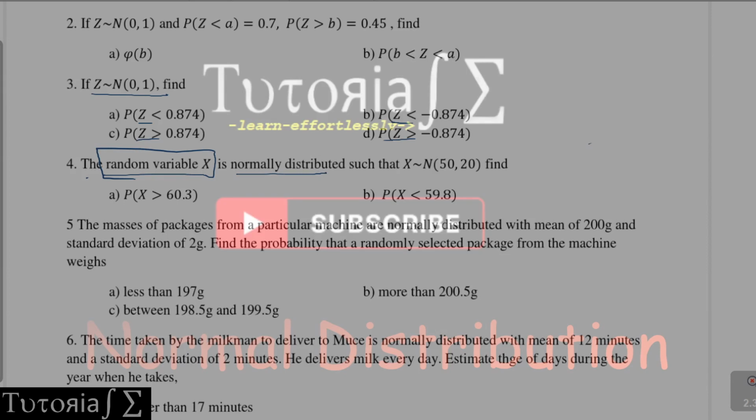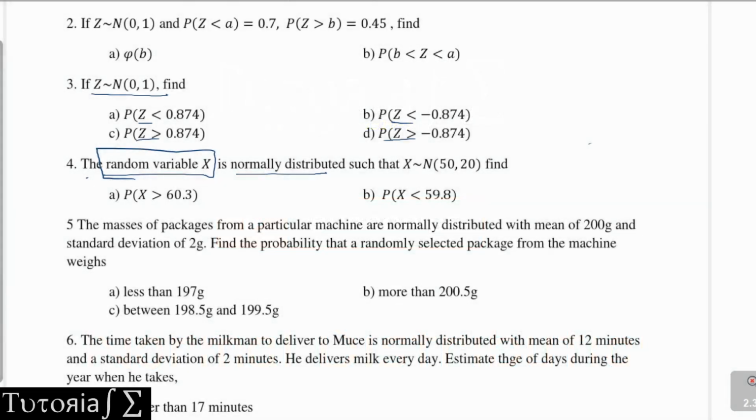The thing that we'll be doing in this lesson is converting these random variables to z-score variables so that we can find their probabilities on the z-score table.